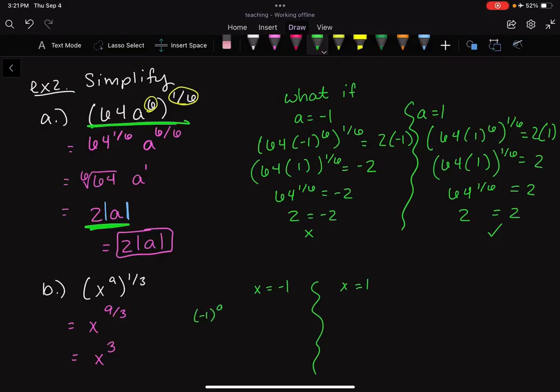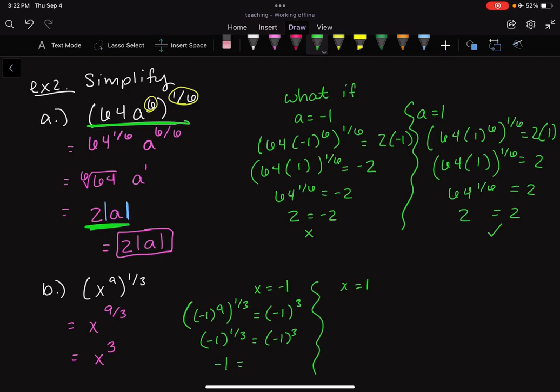-1 to the 9th to the 1/3. Does that equal -1 cubed? So if I simplify this, -1 to the 9th is just -1. -1 to the power of 1/3 is the cube root of -1.